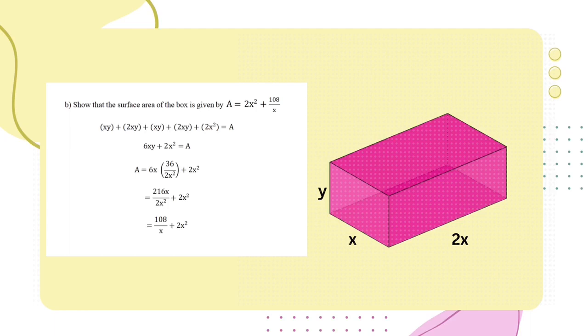We got 6SY plus 2S squared. Look at the previous question, question A, we already got Y. Sub Y into 6SY plus 2S squared. So, 6S times 18 over S squared plus 2S squared. The answer is 108 over S plus 2S squared.